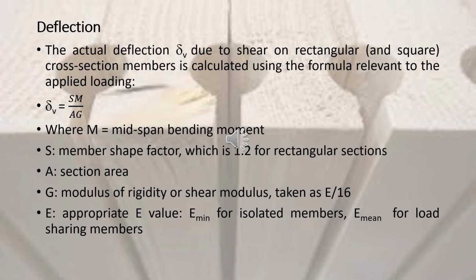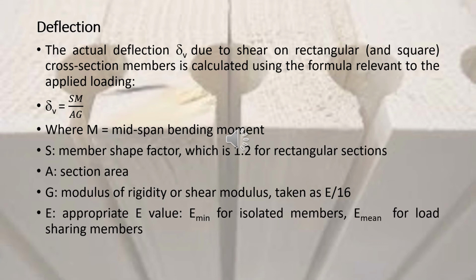Capital A is the cross-section area, right? So if it is a rectangle, it is B times D. If it is a square, it is B squared. And G is the modulus of rigidity or shear modulus, which is taken as the Young's modulus divided by 16. So the modulus of rigidity is 1/16 of the Young's modulus.